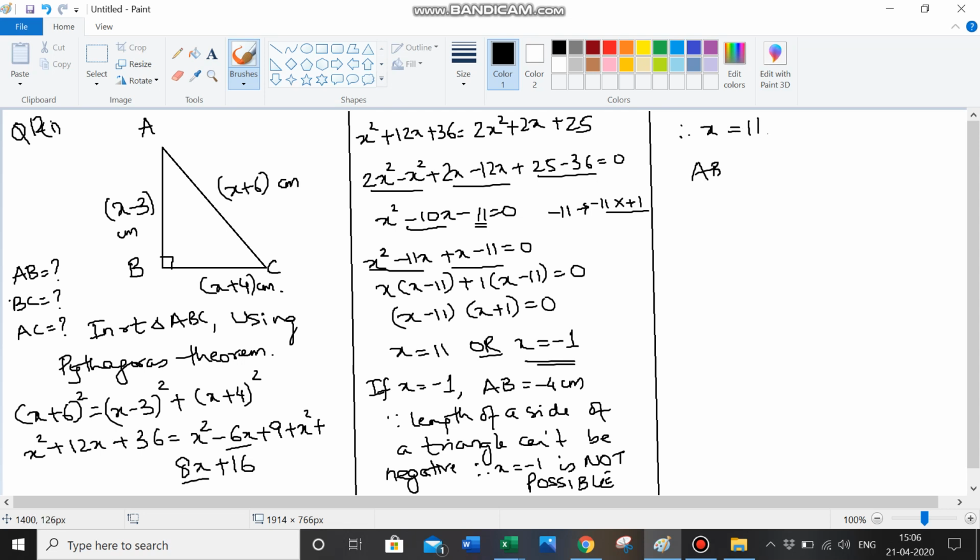So AB is equal to 11 minus 3, that's equal to 8 centimeter. Units given? Yes, centimeter. BC is equal to 11 plus 4, that's 15 centimeter. And AC is equal to x plus 6, that's 11 plus 6 is equal to 17 centimeter.